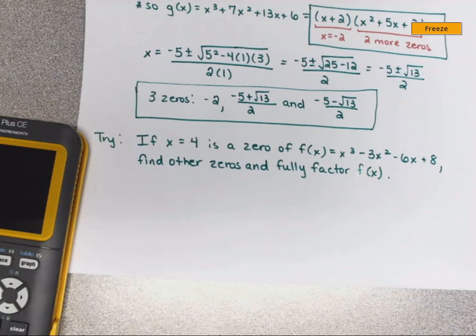When you drop down the first number, you just drop it down as it is, and then you multiply, put it in the next column, add.